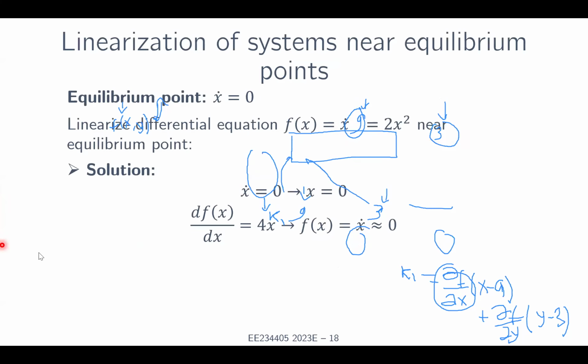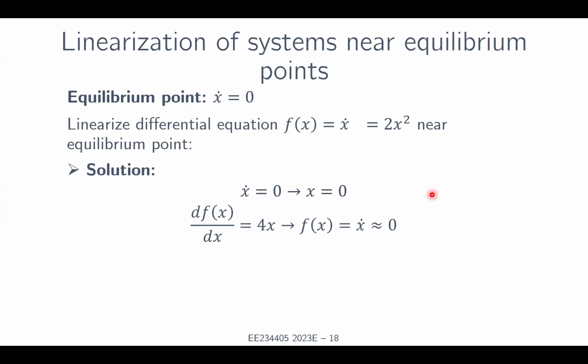Right, and for the system, we have some characteristics called equilibrium point, which means that this is the point where the system does not move, or the state of the system does not move, which is x not equals 0, right?